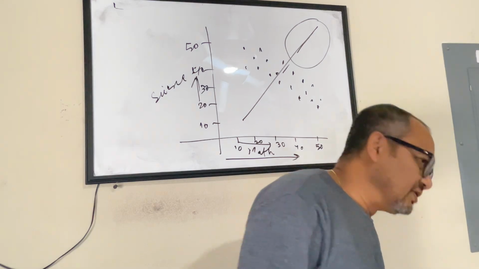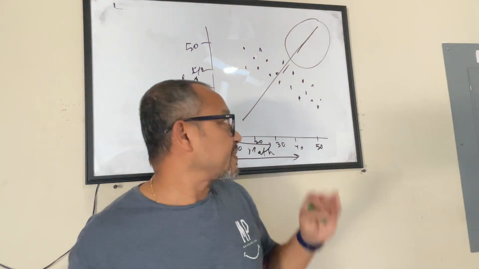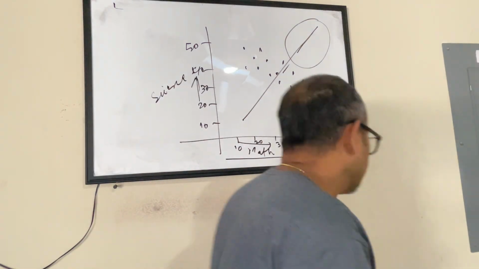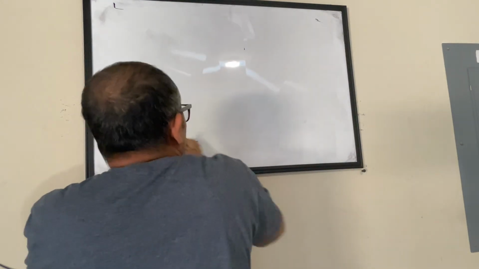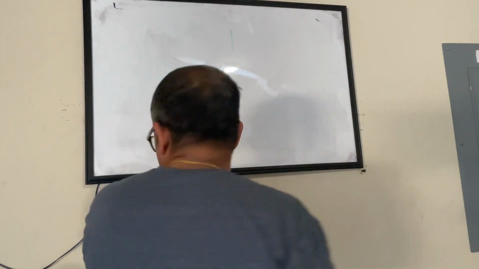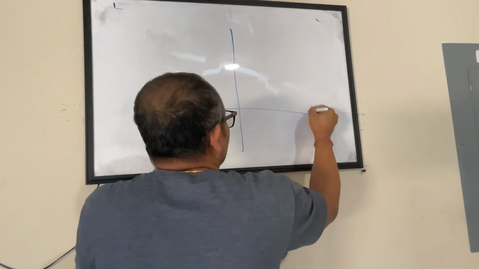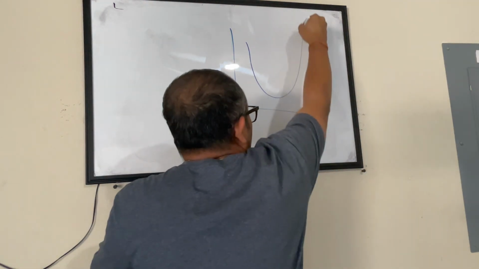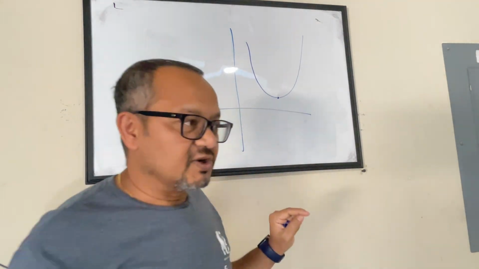So you're saying that when you use a quadratic equation or expression to plot it on the coordinate plane, if this is my coordinate plane, if the parabola is plotted like this, the lowest point here is the vertex.